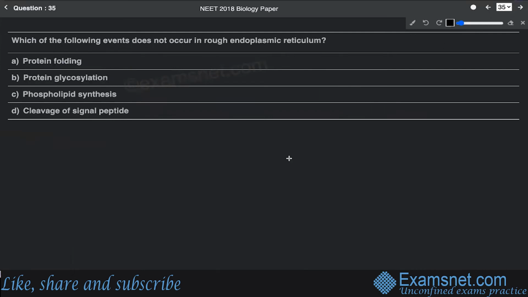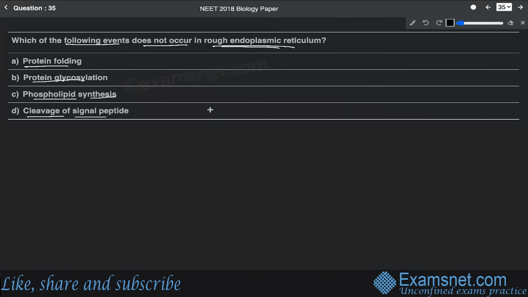Now, question number 35. Question number 35 says that which of the following events does not occur in the rough endoplasmic reticulum? So out of all the events that have been given, like protein folding, protein glycosylation, phospholipid synthesis, and cleavage of signal peptide. All right. So which does not occur in the rough endoplasmic reticulum?